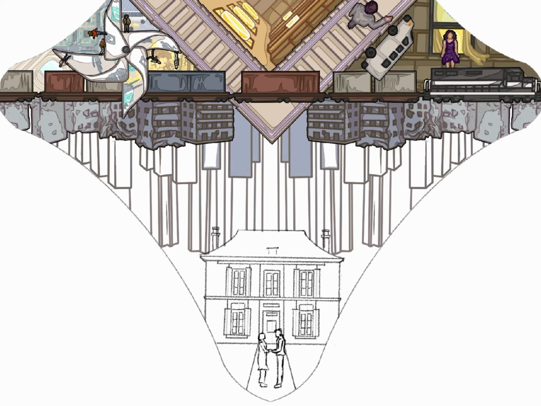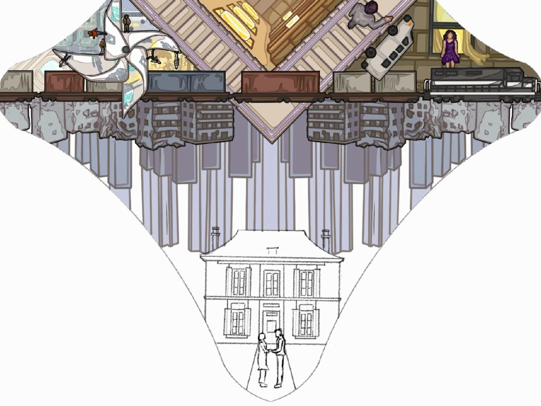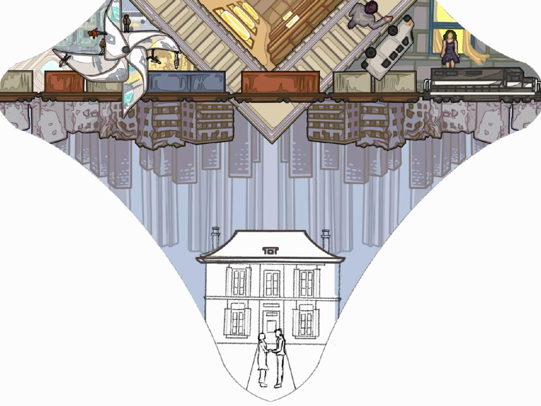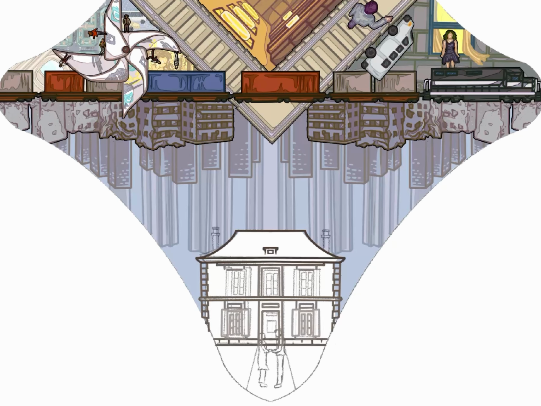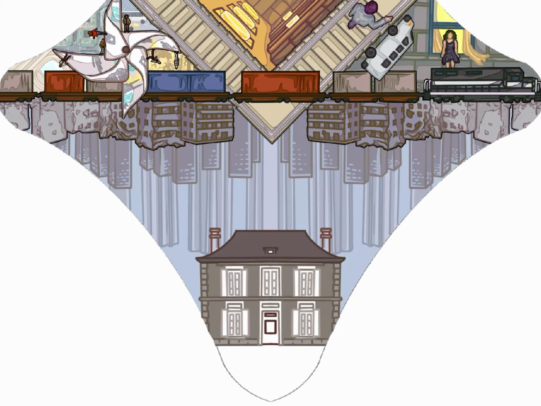Adding depth by making the colors paler and less vibrant with each layer. Now outlining the house. And coloring it in.